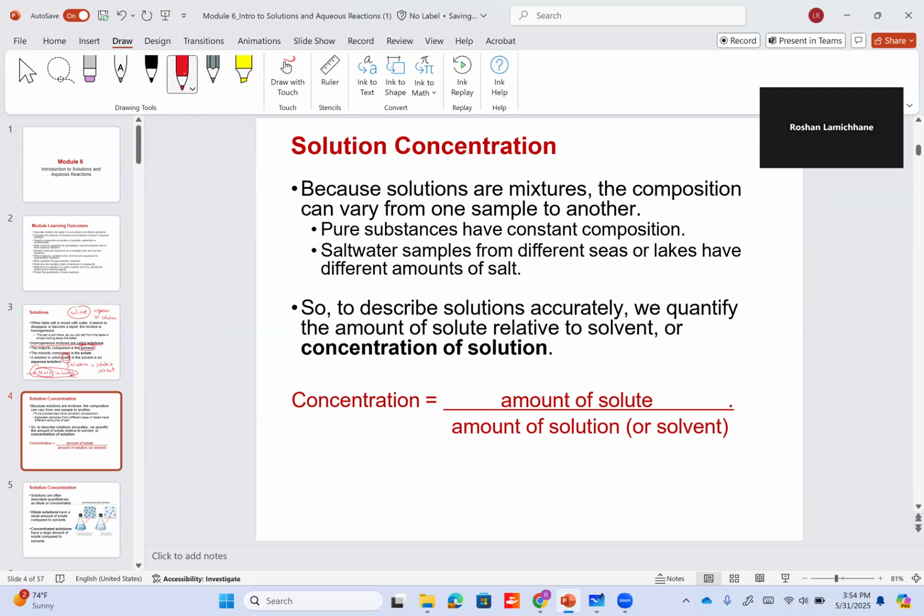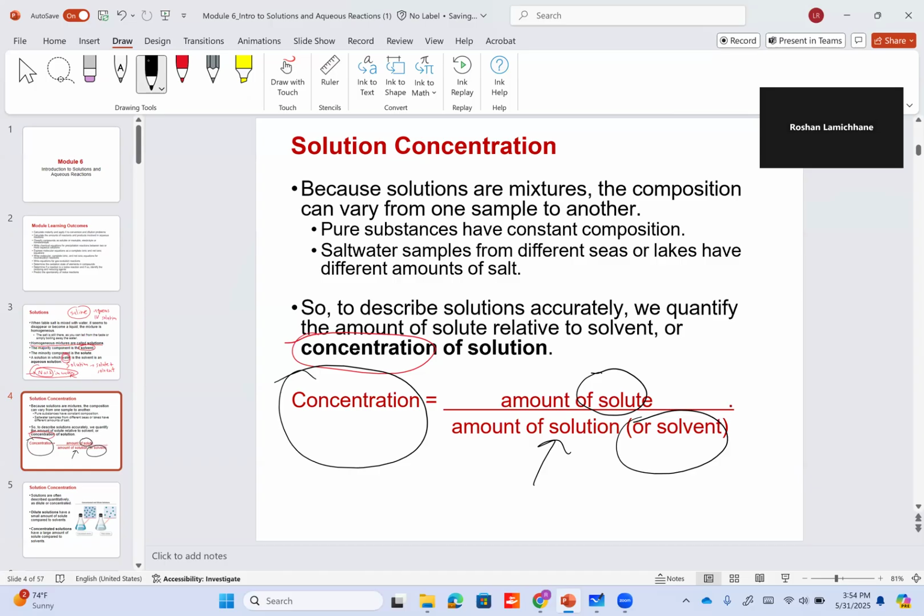Depending upon how much solute you have in a given amount of solvent, we can define the solution in terms of its concentration. If you look at this definition, it says how much solute is dissolved in a given volume of solvent or amount of solution. That's called your concentration.